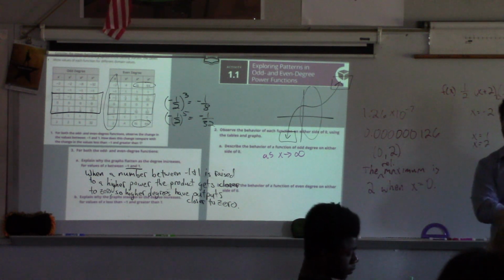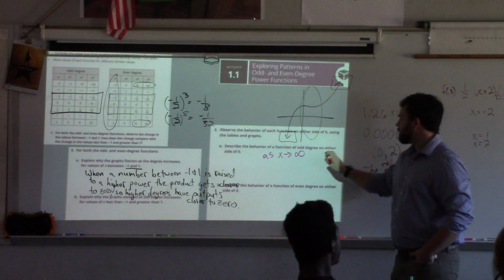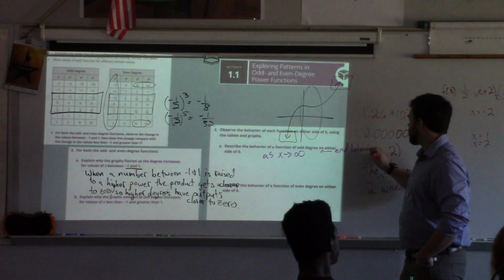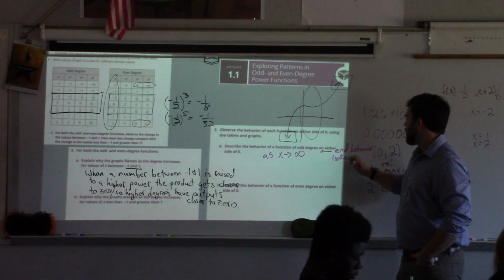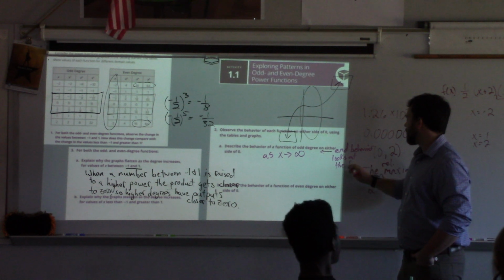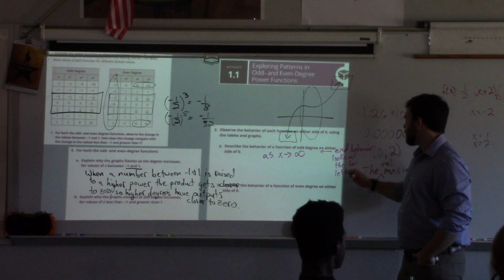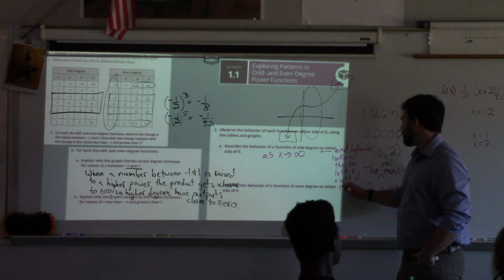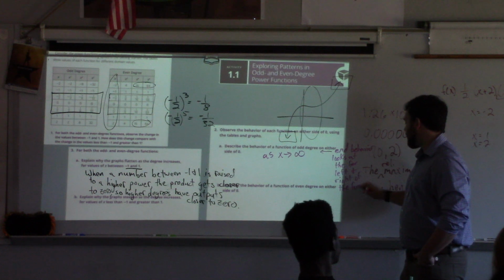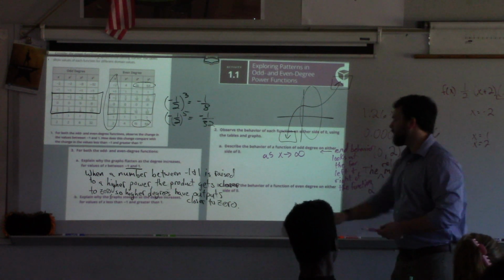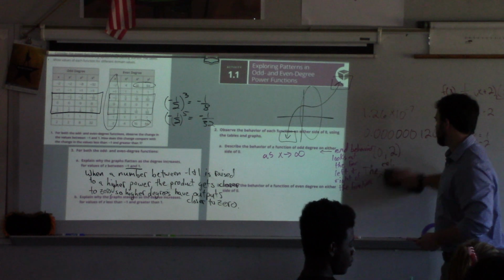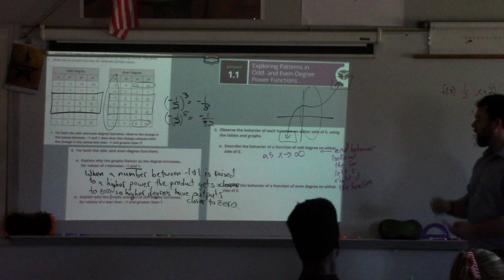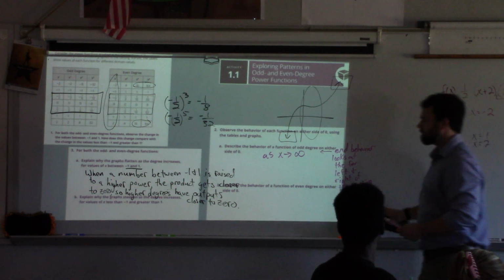Now I'm not quite done there, because I still need to know about y, but end behavior looks at the far left and right of the function. I would make that note so that you understand where we're getting this idea of end behavior from. It is important to notice that the end behavior looks at the far left and far right of that function.